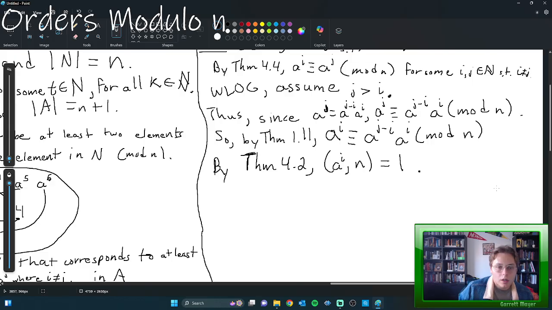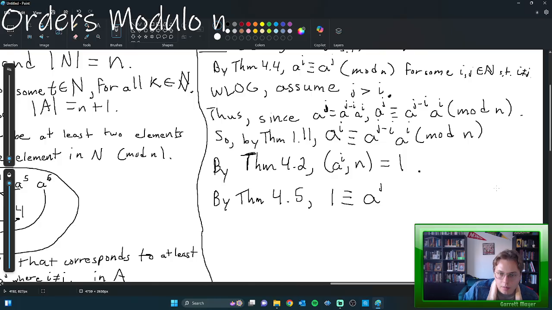And now, by the theorem from earlier in the course, theorem 4.5, we can remove this a to the i term from this multiplication. So what we're left with is 1 is congruent to a to the j minus i mod n.